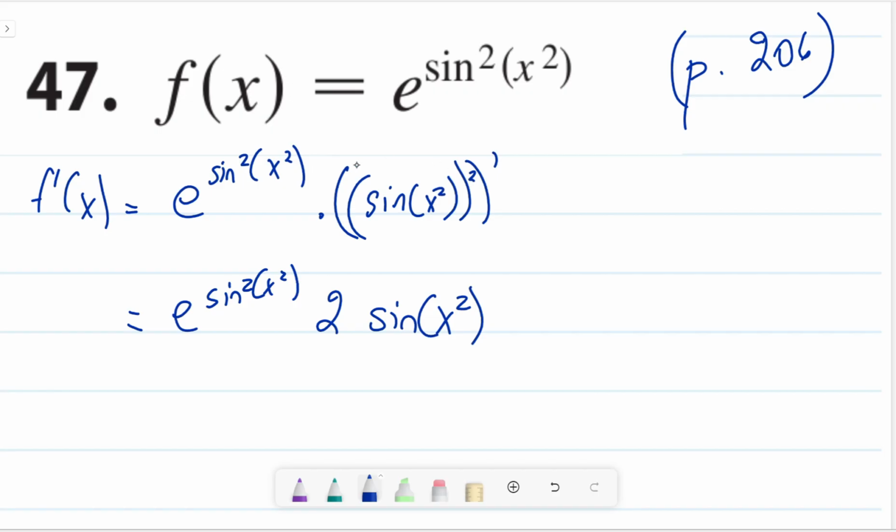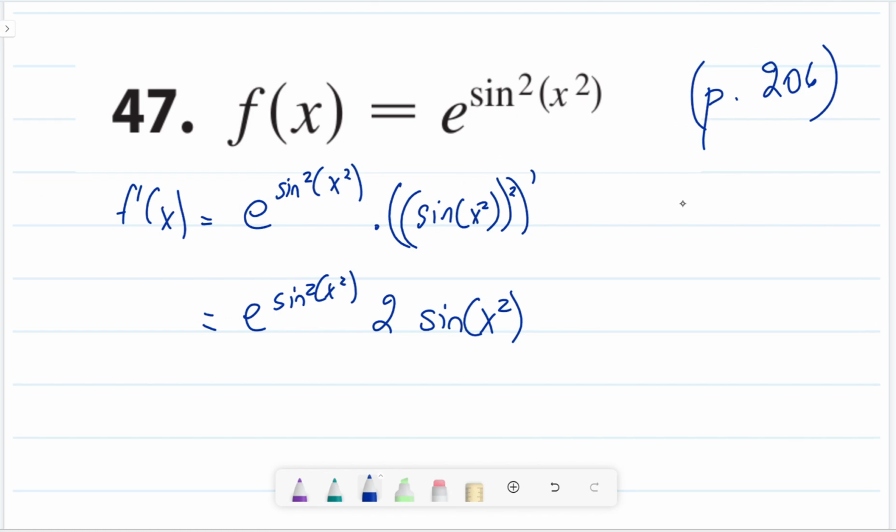Usually if we drop the power when we have x squared, we get 2x. However, here we don't have x squared, we have sine squared of x squared. So when we drop the power, yes, we get sine of x squared, however, we also have to take its derivative.